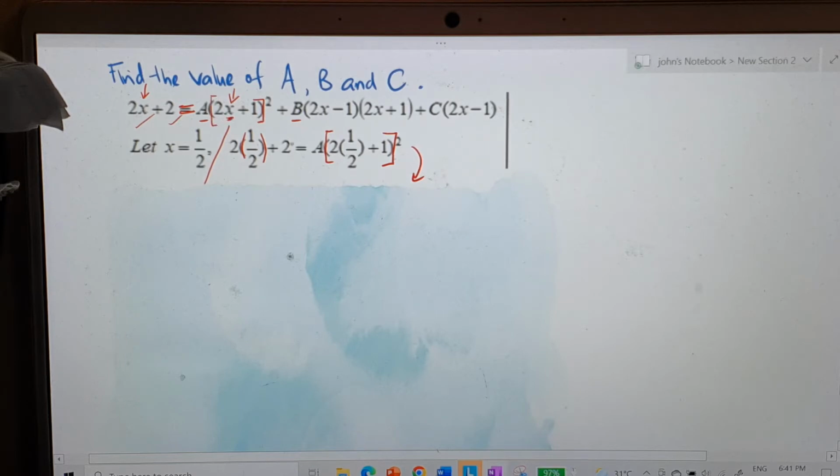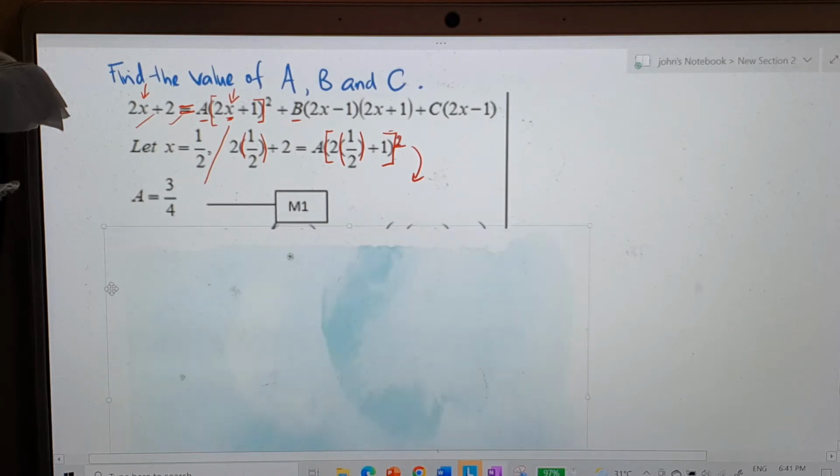So when you replace this x, you put brackets here. When you press the calculator, remember to close and then square it. Then you should be able to get A equals 3/4. If you get A equals 3/4, normally it's a nice number, but if you get not so nice numbers, don't be surprised. Just check your working, check that it's correct. Normally it's nice numbers.